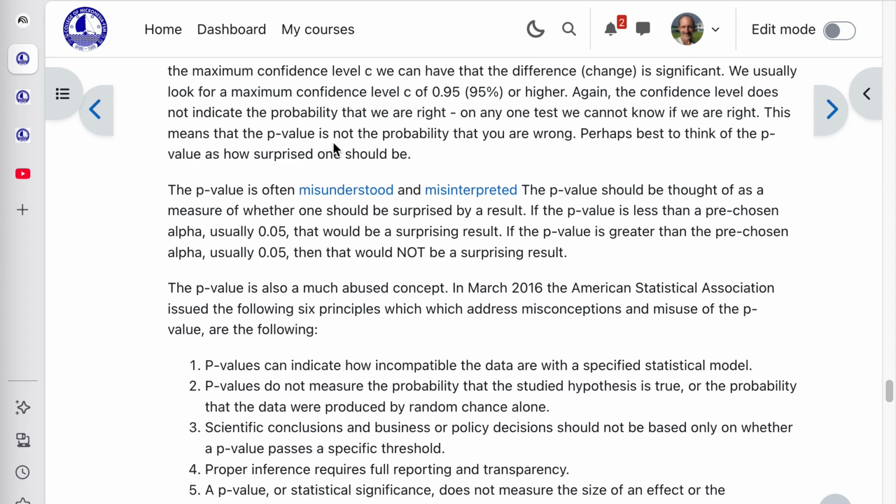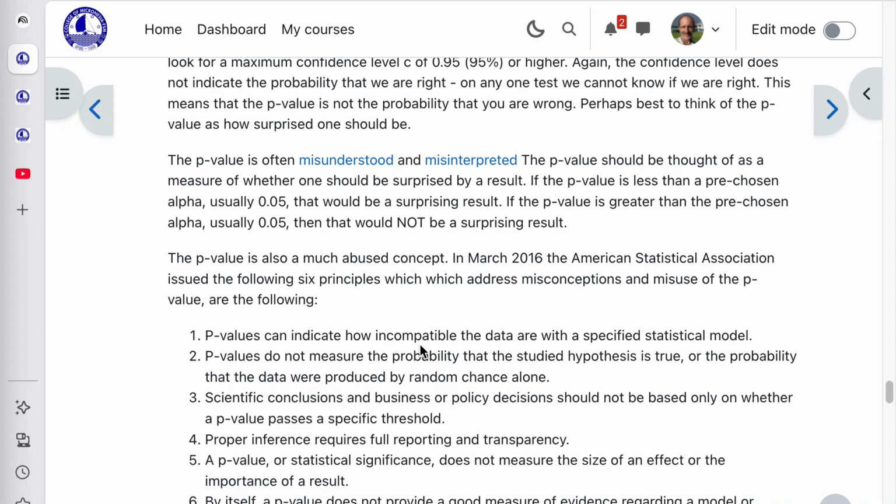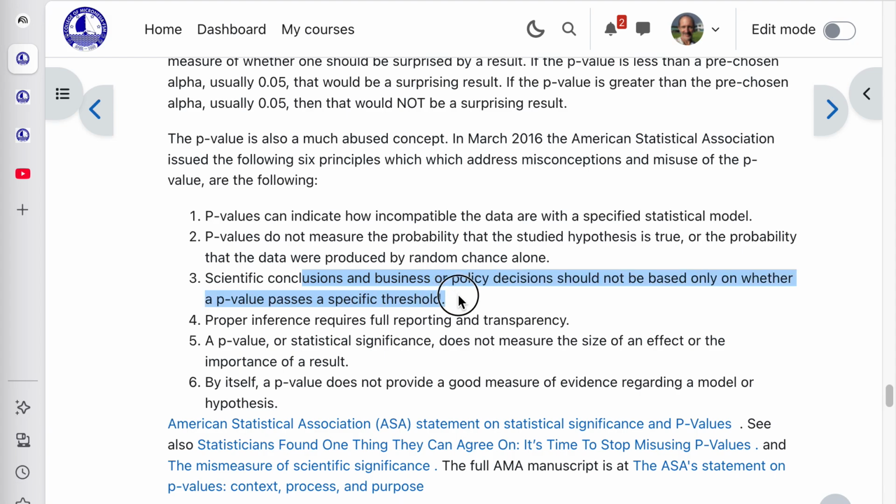We don't have a certain percentage. P-values only indicate how incompatible the data are with a specified statistical model. They don't measure the probability that the studied hypothesis is true, or that the data were produced by random chance alone. Scientific conclusions or business policies should not be based on whether a p-value passes a specific threshold.